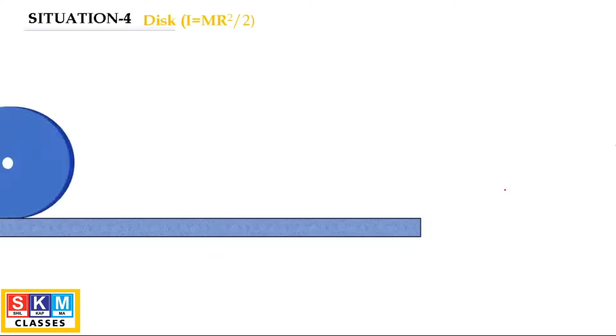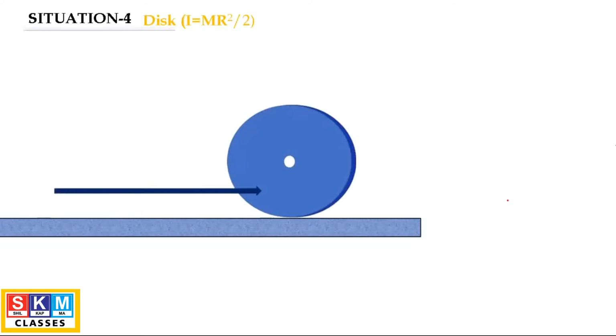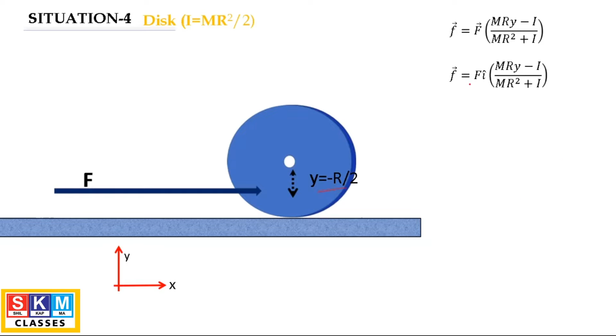Here in this situation, line of force is r by 2 distance below the axis of rotation. So again, to find the friction, we'll use the same formula. Here F will remain F i cap and m will remain m, r will be r, but here y has to be negative r by 2. As you can see, line of force is below the axis of rotation.